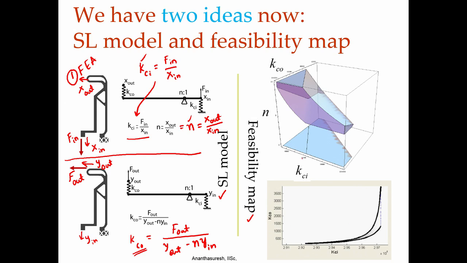From those we find the feasible values of KCI, N and KCO, different sets, that gives us the feasibility map. This is the 3-dimensional map of the feasible values of these parameters. If you project that, we get a 2D map that is plotted with KCI and KCO. So, these are basically a reflection of the user parameters, user inputs with lower and upper bound on 6 variables.